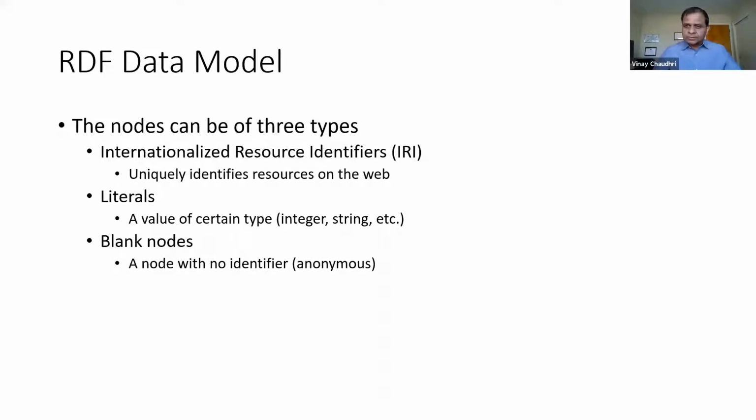Those objects can also include websites and other kinds of resources on the internet. And we will look at examples of IRIs and how they are different from URLs. Literals are values of certain types. For example, literals could be integers, strings, etc. Blank nodes are a special kind of node in an RDF model which don't have any identifier. They don't have any name, so there is no way to refer to these outside the immediate context in which those nodes are originally introduced.